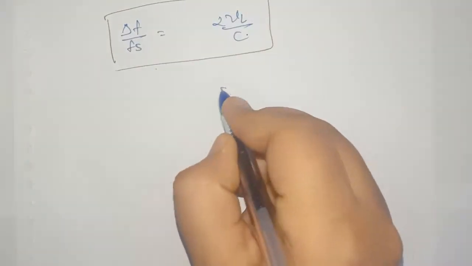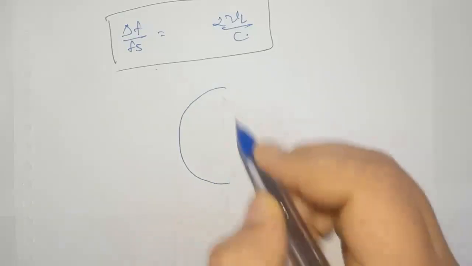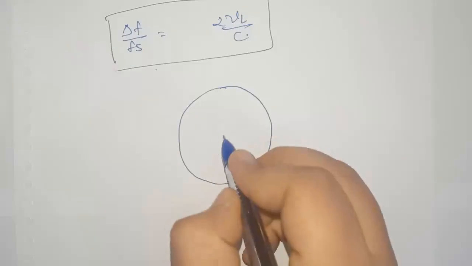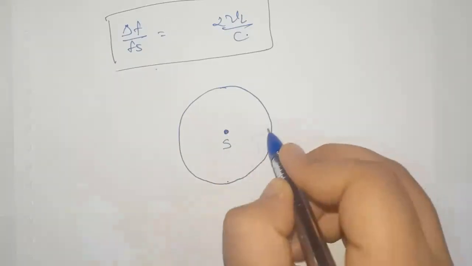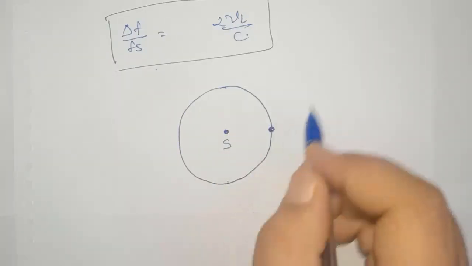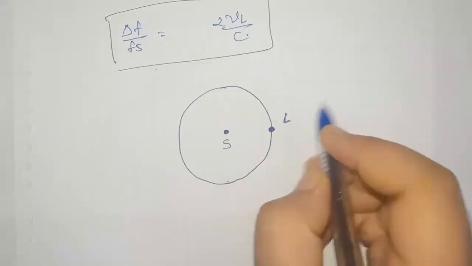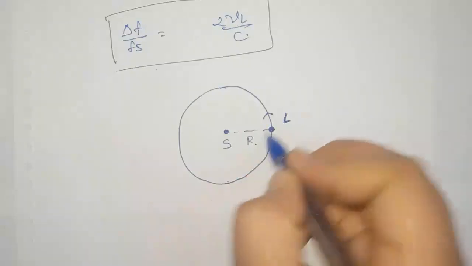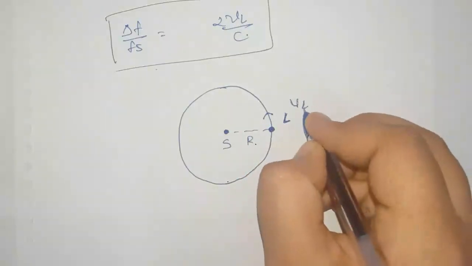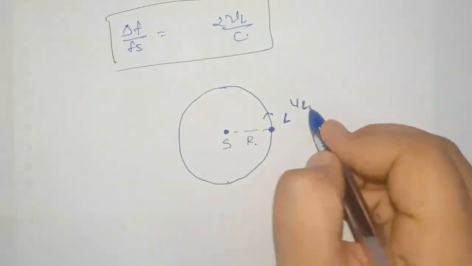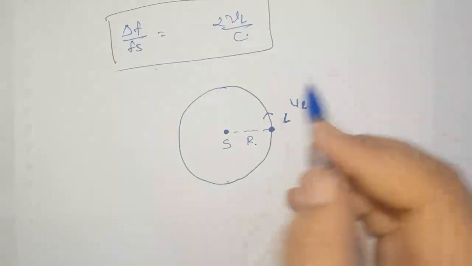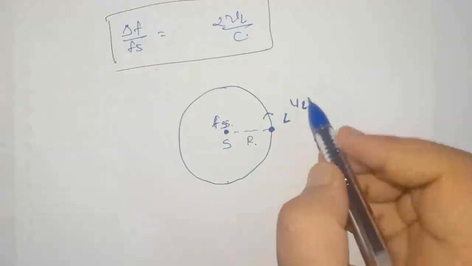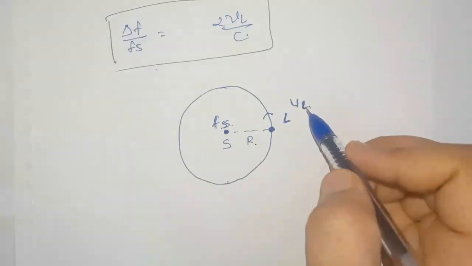Now let us see the case of transverse motion. For example, there is a source and a listener is moving around the source on a circular path of radius r with some constant speed vl. If the frequency of source is fs, then what is the frequency observed by this listener?